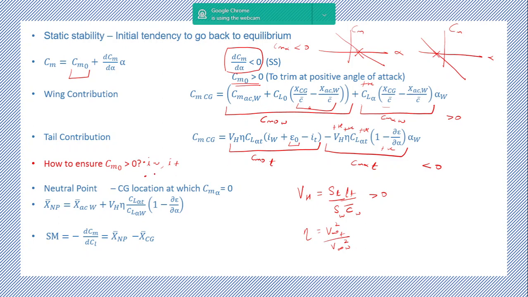How do you do that? What is CMAC at the wing? How does it come? What is this term CMACW?